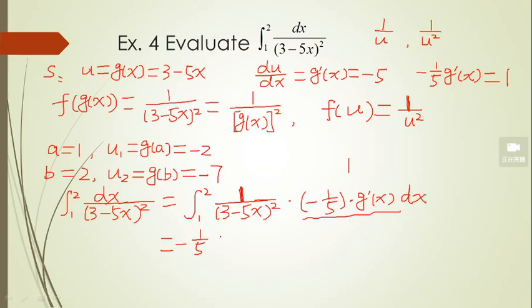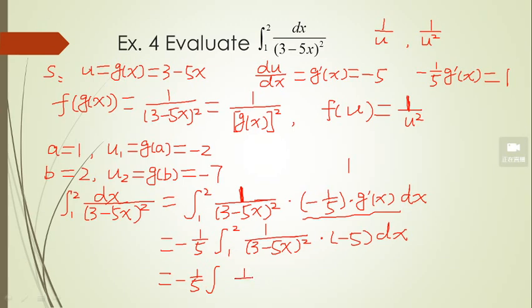So move the minus 1 over 5 outside, and we know what G prime is. G prime is minus 5, right? We just rewrite the G prime here. Now it becomes the term f(g(x)) times the G prime, so keep the constant outside. That becomes f(u) du, 1 over u squared du.